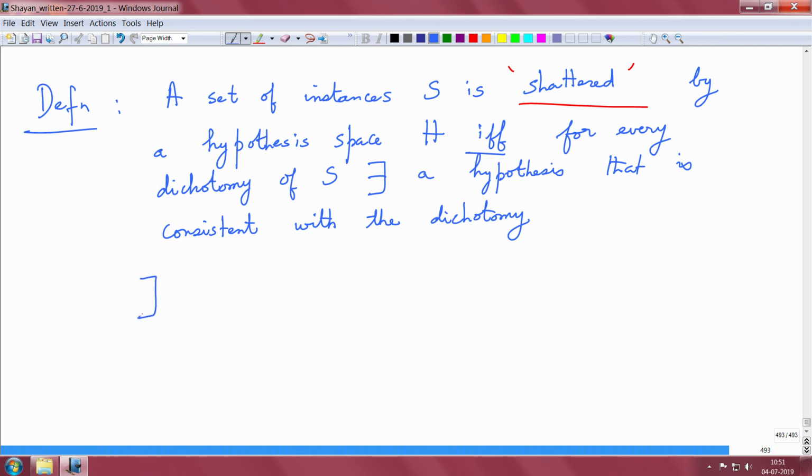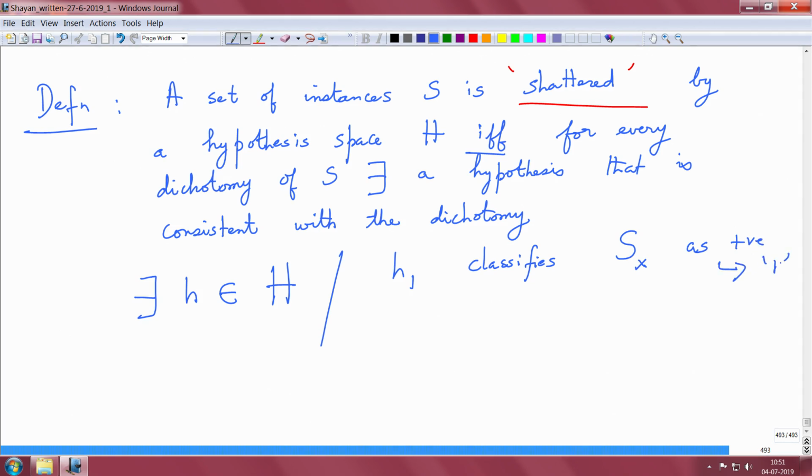What it means is there exists h belonging to this space capital H, that means there exist these hypotheses in the hypothesis space capital H, such that for example I use hypothesis h1, this classifies our elements belonging to say this set S cross as maybe positive and hence the label 1, and I have h2 that classifies points in my set S circle as negative, and I assign a label 2 to this, right.